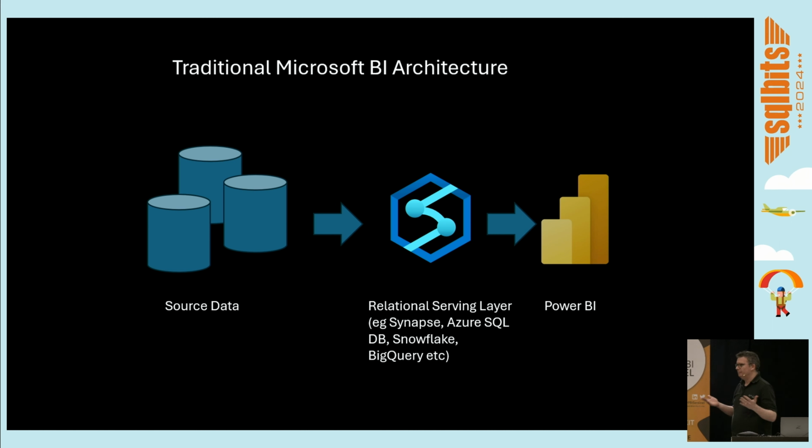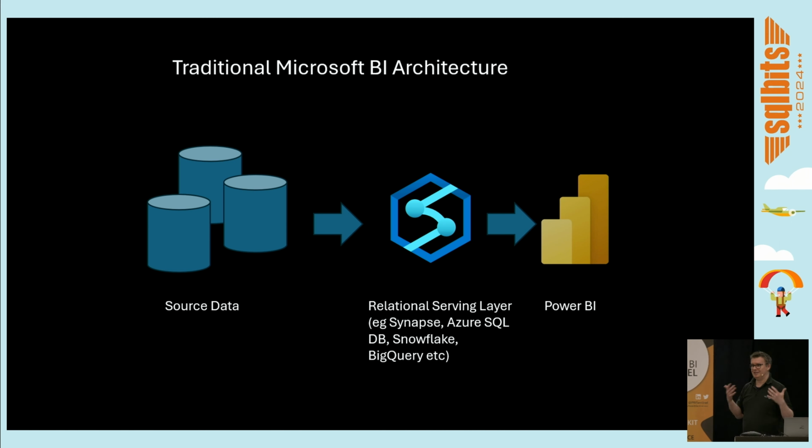If you're doing BI in the Microsoft world, you will have an architecture that probably looks a little bit like this. I've been doing Microsoft BI for a long, long time, and ever since I can remember, people had architectures that looked a little bit like this. You had your source data, which was in all kinds of different forms. You maybe did some ETL on it.